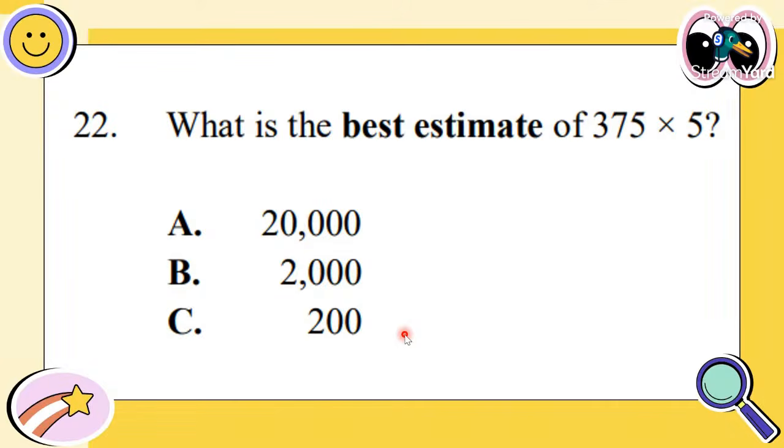What is an estimate? Sir Marie James says 2,000 is the closest because 375 times 5 is closest to 2,000. What is an estimate?